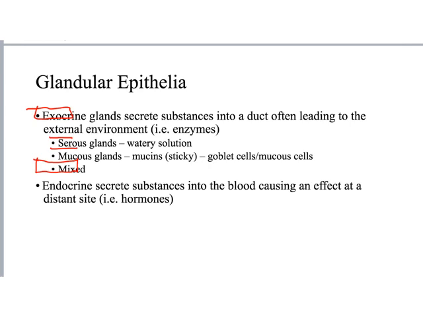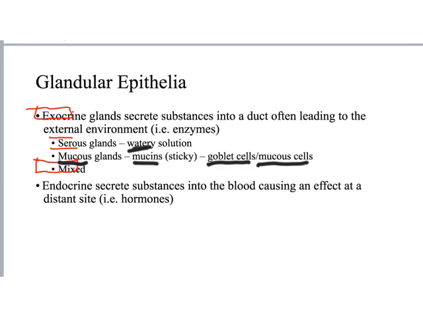And we've got a couple of different types. You can have serous glands. Serous just means more of a watery solution versus mucus glands, which is going to be more of a sticky, thicker mucus type of secretion. And mucus cells are common throughout the body. In the lungs, we call mucus cells goblet cells. So that's on the exocrine side.